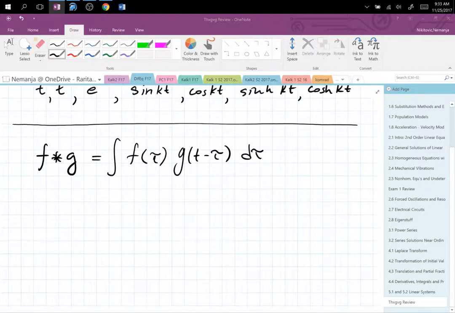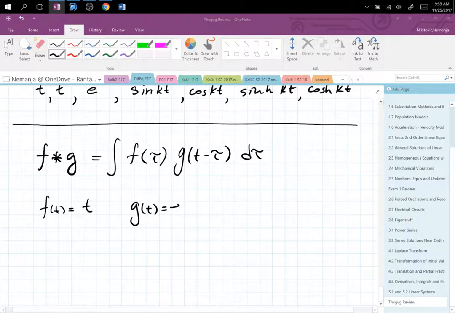Okay, good. So now we pick convolution between two functions. Let's say f of t is equal to t, and g of t is equal to e to the t, whatever.